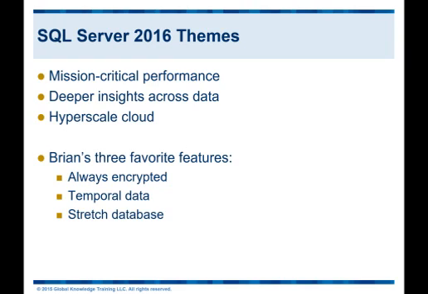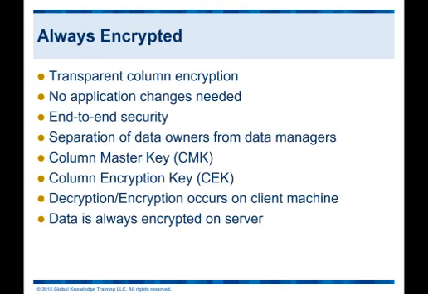And so you actually have a database that's stretched to the cloud. It's kind of an interesting feature as well, kind of a first step in that hybrid database paradigm. So we'll take a look at that one too, and hopefully you find some of this somewhat interesting.